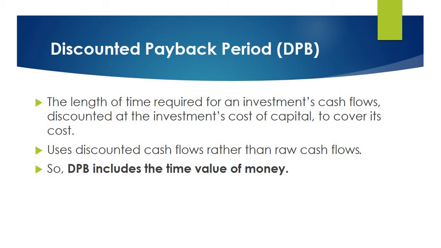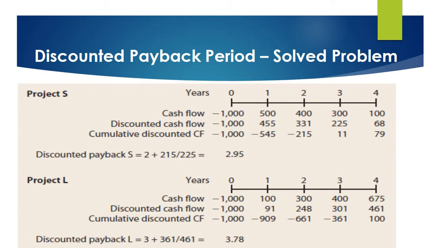Then this discount rate, that means the cost of capital, is used to find out the present value of the cash flows. So the discounted cash flows include the time value of money, and it eliminates the first limitation of traditional payback period. Now let's look at a solved problem of discounted payback period.